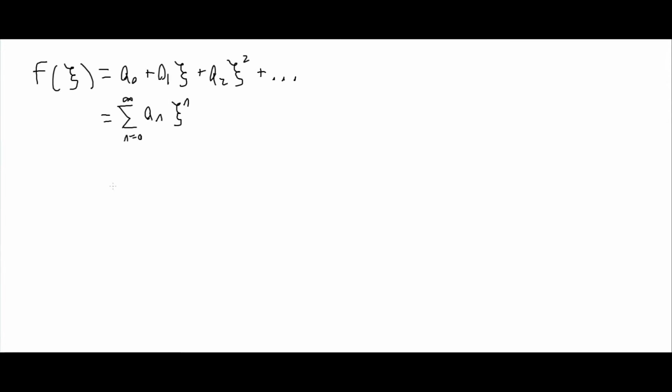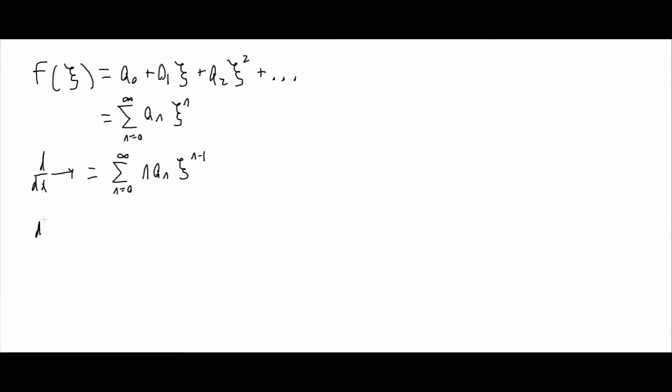And so if we take the first derivative, what we end up with is, because this n will come down in front and then be lowered by 1, the summation from n equals 0 to infinity of n, a n, and then times Xi to the n minus 1 power.